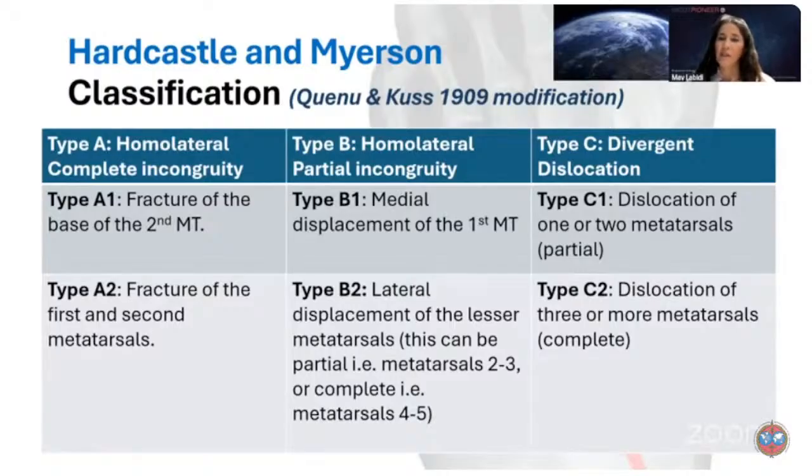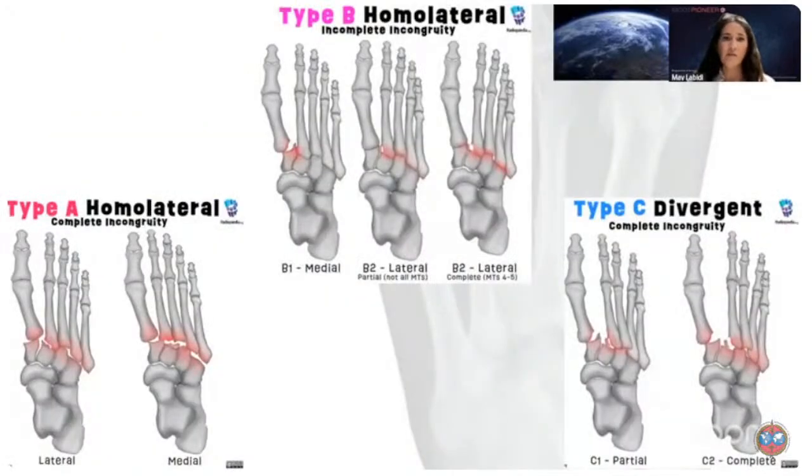And the type C is a divergent type of injury. So the medial column would go medially, and the laterals would go lateral, whether complete or partial again. This is the illustration of this classification, and this is mainly for high energy injuries.